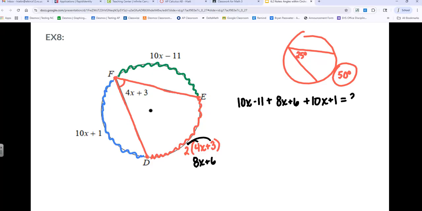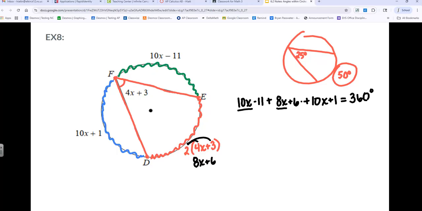If I add all those things together, I should get 360. Okay, now if you are strongly against solving equations by hand, you could type this into Desmos, f of x equals the left side, g of x equals the right side. But this one's not too bad, so let's solve it by hand.